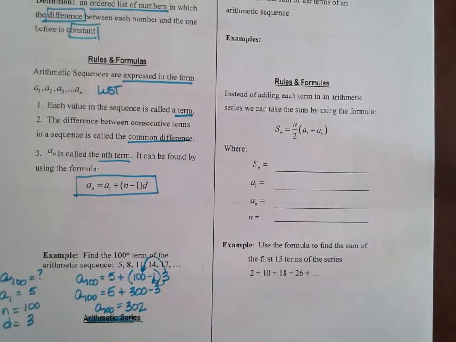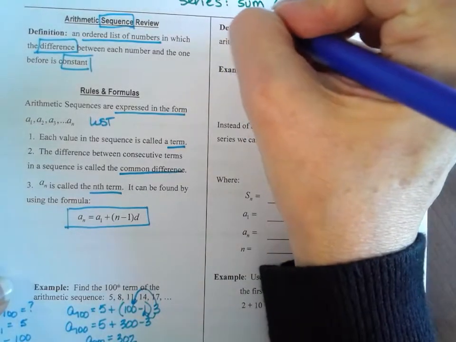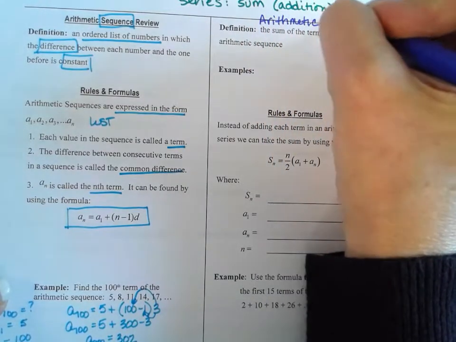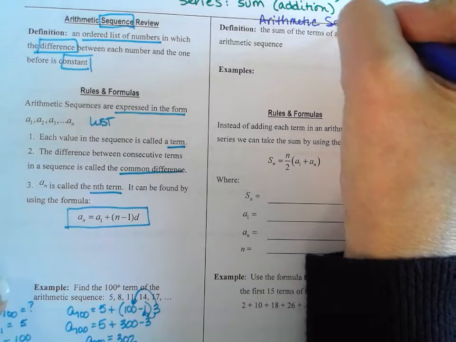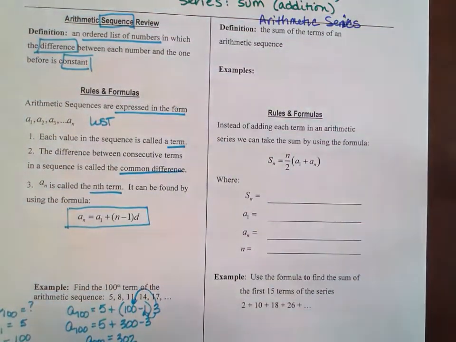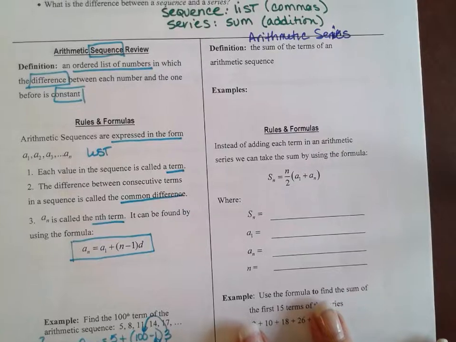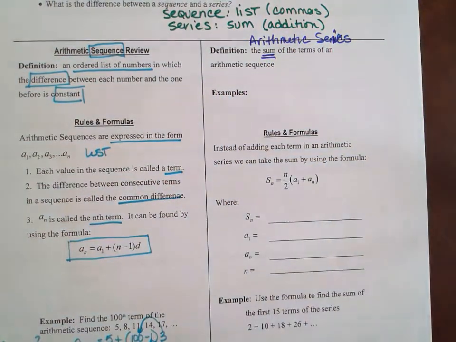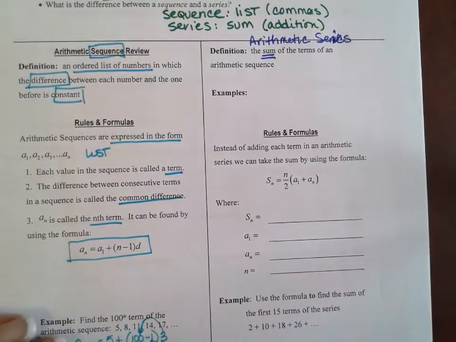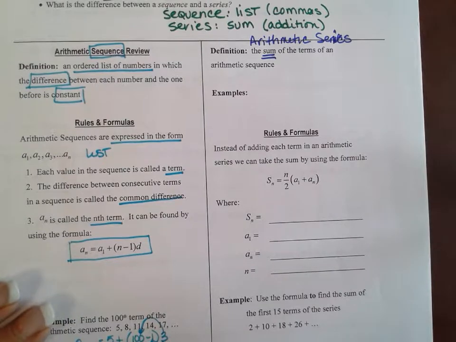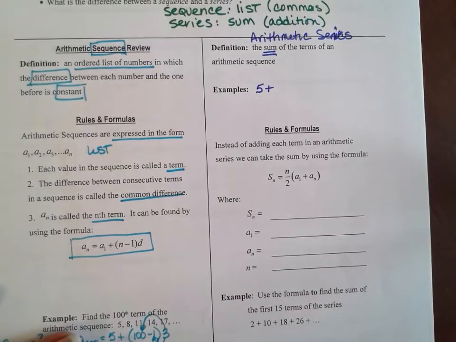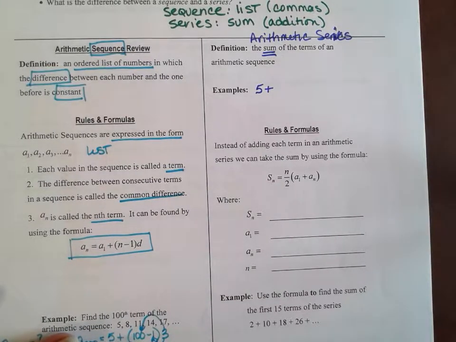All right, so let's talk about series. I can't write today for some reason. It's really weird. Okay, so the definition is that it's the actual sum. Okay, so Annie, give me a number. Okay, and Hayden, give me another number. 6.